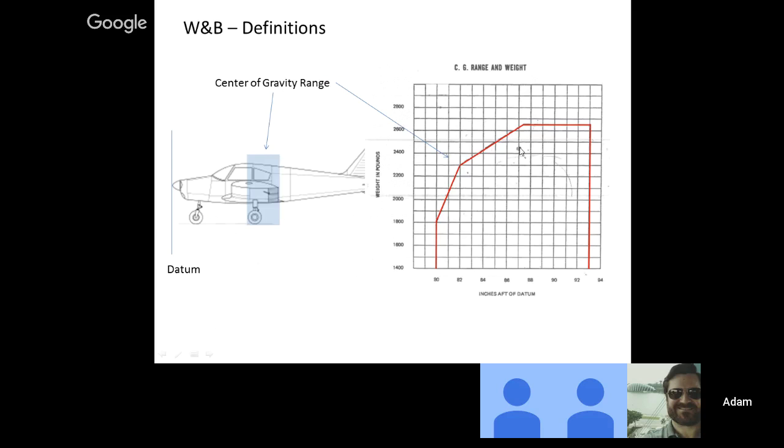And if your point lands inside the operating envelope, you have a safe aircraft to fly from a weight and balance perspective. So center of gravity range is the forward and aft limits from a center of gravity standpoint.